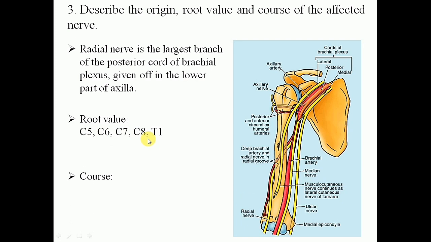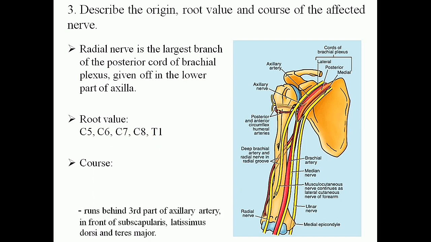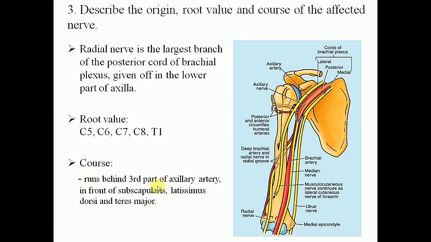If we see the course of the radial nerve, first it runs behind the third part of the axillary artery, in front of subscapularis, latissimus dorsi and teres major muscles, and then in the upper arm it lies behind the brachial artery. So this is the radial nerve accompanying profunda brachii, and this is the radial nerve here in the arm.